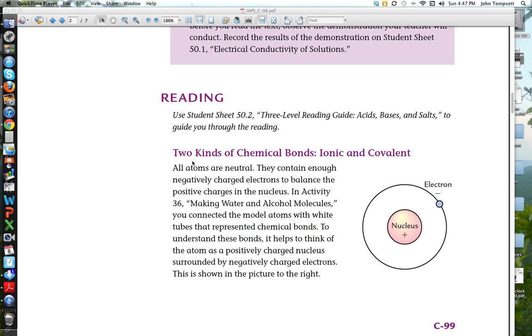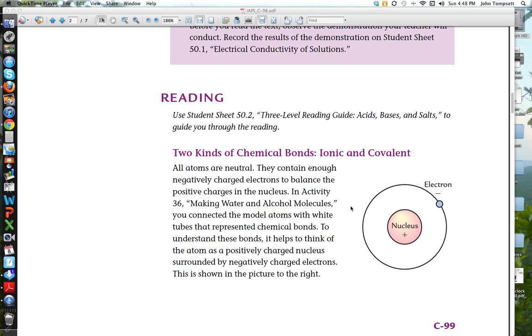Two kinds of chemical bonds, ionic and covalent. Again, those are ionic and covalent. All atoms are neutral. They contain enough negatively charged electrons to balance the positive charges in the nucleus. In Activity 36, that was a long time ago, making water and alcohol molecules, you connected the model atoms with white tubes that represented chemical bonds.